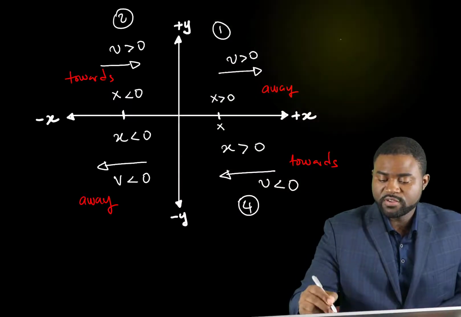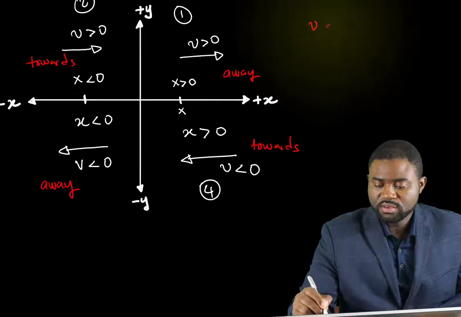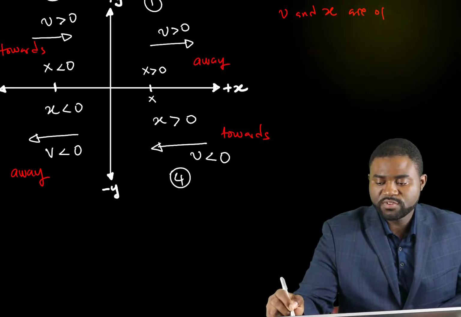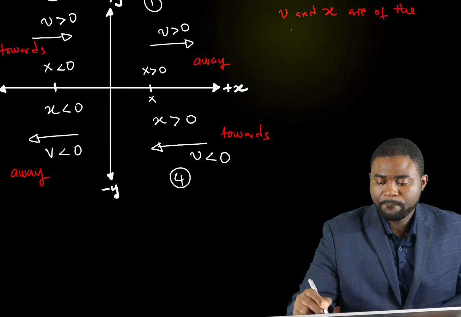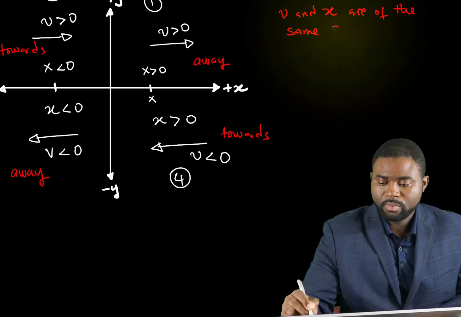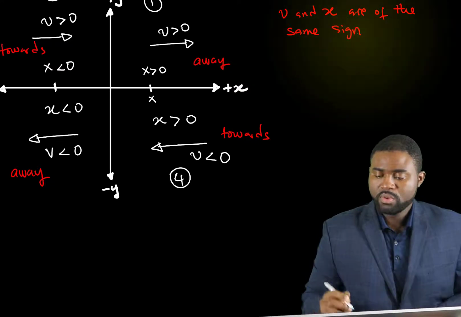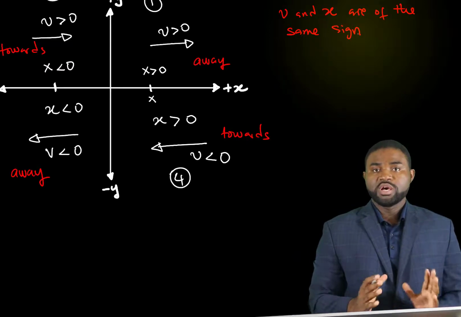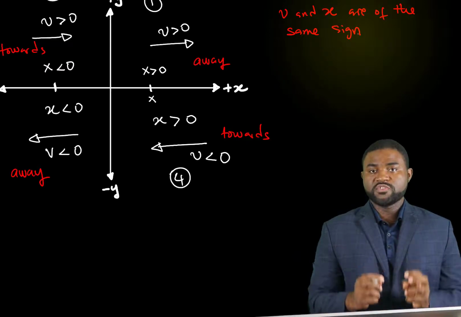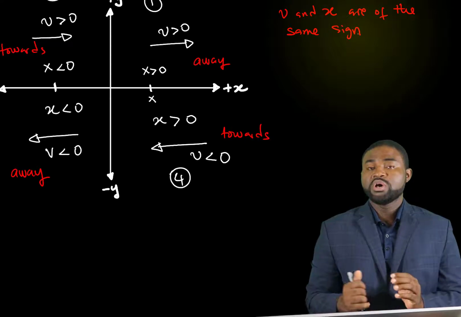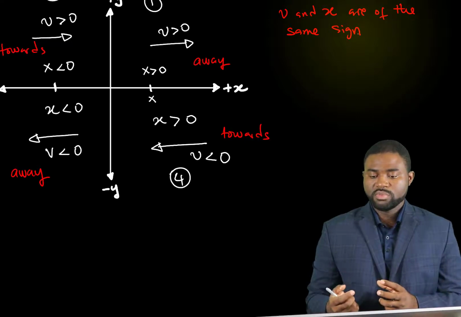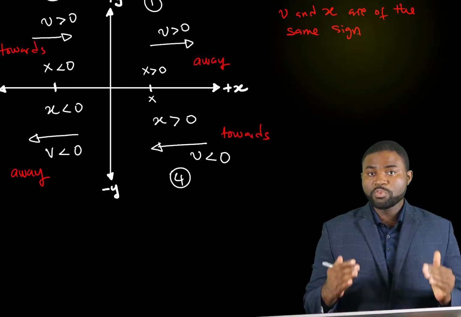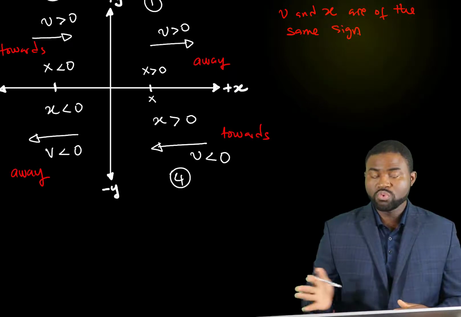You notice that both v and x are of the same sign. When the position and velocity are of the same sign, the object moves away from the origin. But when the position and velocity are of opposite sign, the object moves towards the origin.